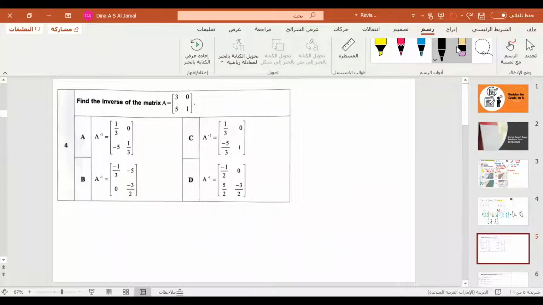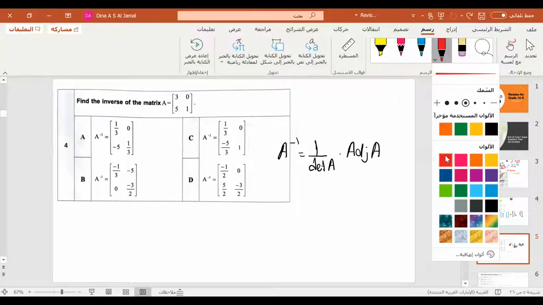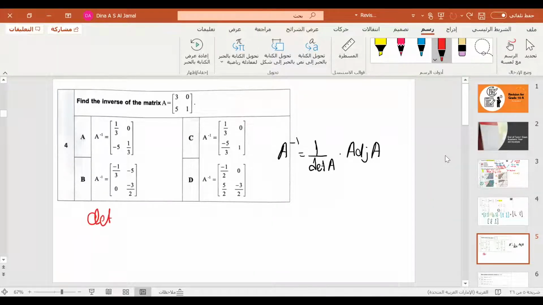That's it. Now let's think of the inverse, and how can I find the inverse of a matrix? To find the inverse, you should know the rule for finding it. So A inverse will be equal to 1 over the determinant of A multiplied by the adjoint of A. Let's find the determinant of the 2 by 2: 3, 0, 5, 1.